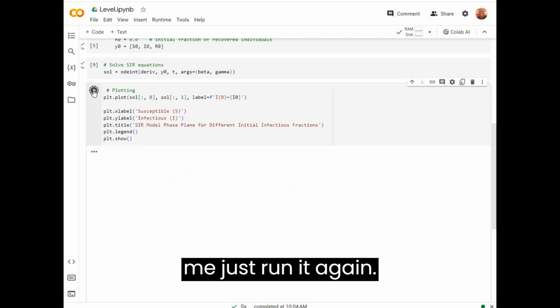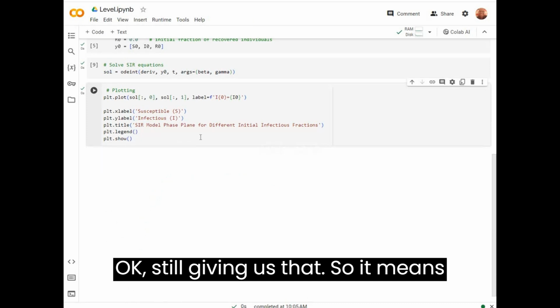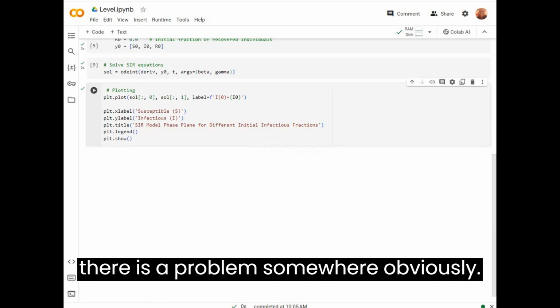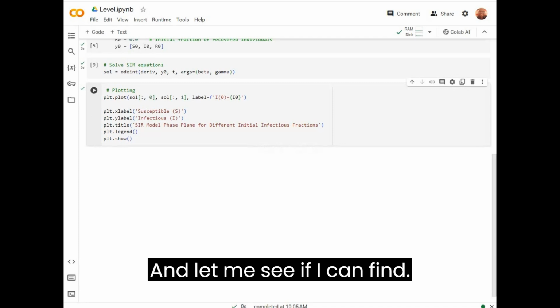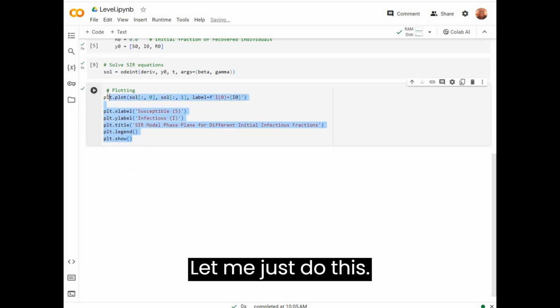Let me just run it again. Okay, it's still giving us that. So it means there is a problem somewhere, obviously. Let me see if I can find the problem quickly.